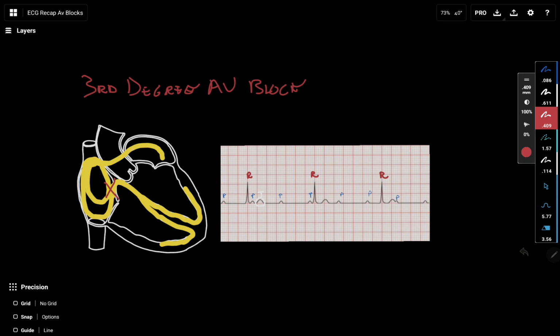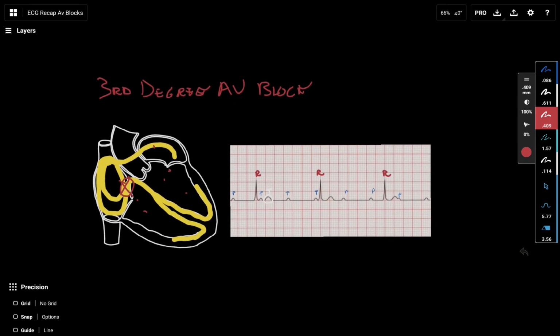So really your signal to depolarize the atria is no longer coming from your AV node, but is coming from other cells from around the heart. And that's why your P wave is scattered all over the place. And that's your third degree AV block.